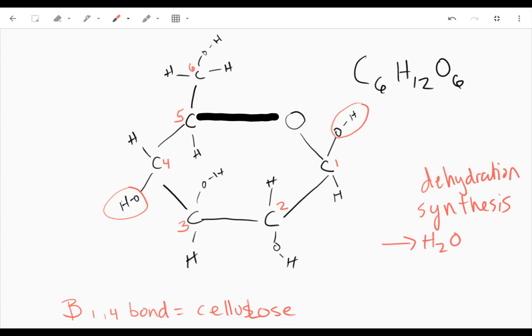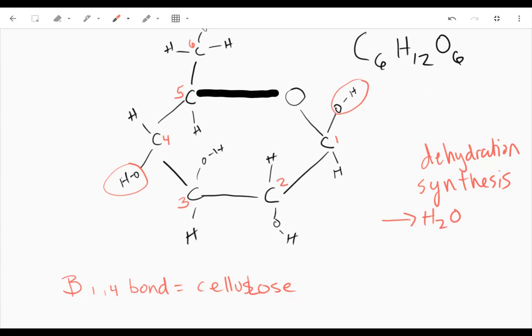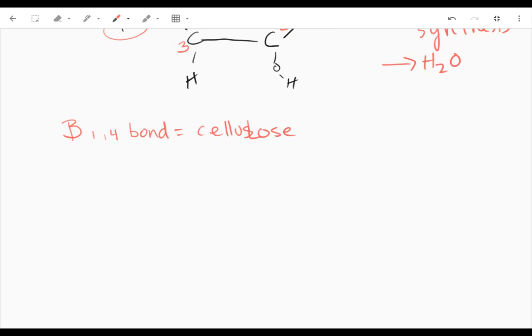All right, so I'm going to draw beta glucose again down here, and so we have the 1, 2, 3, 4, 5, 6, and all of our bonds. So we go up, down, and then we're going to go up.